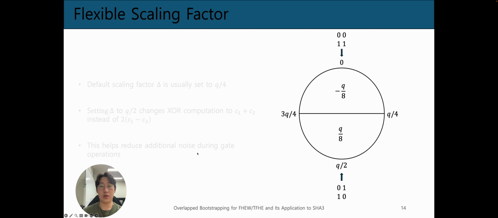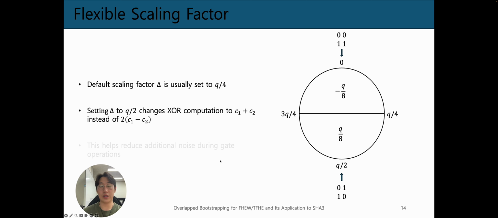And usually in many FHEW cryptosystems, the scaling factor delta is set to Q/4. However, interestingly, if we set delta to Q/2, we can redefine the XOR gate's ODOT operation as a simple addition between ciphertexts. And this change allows us to reduce the additional noise introduced during bootstrapping.